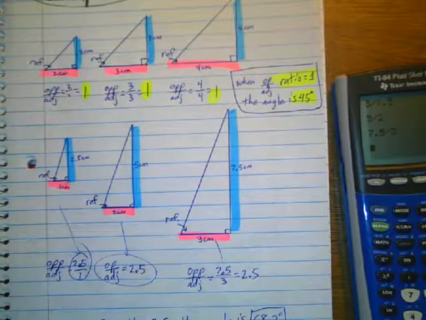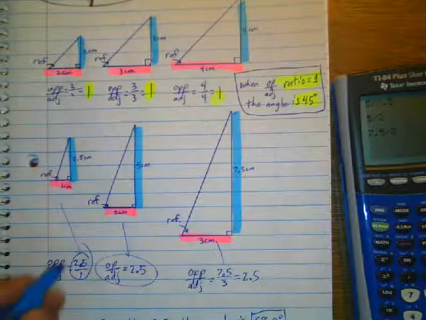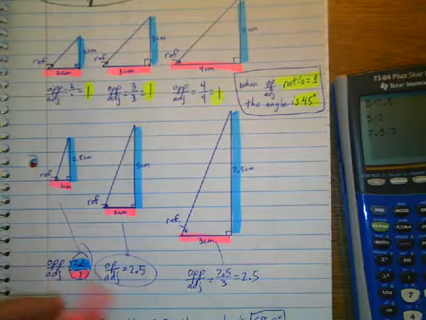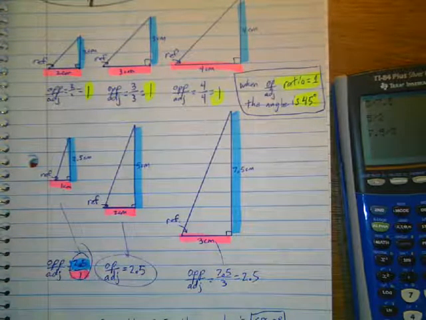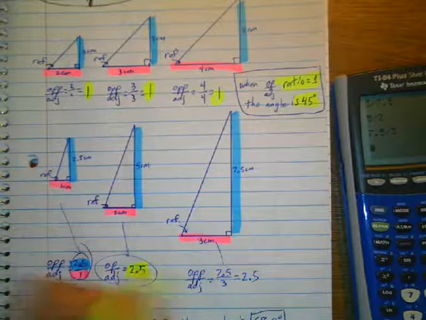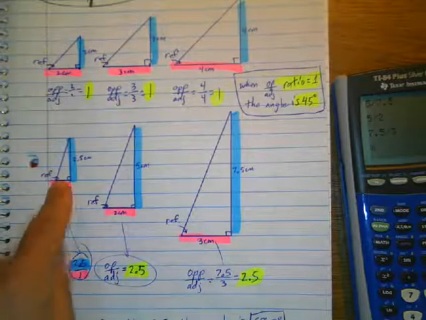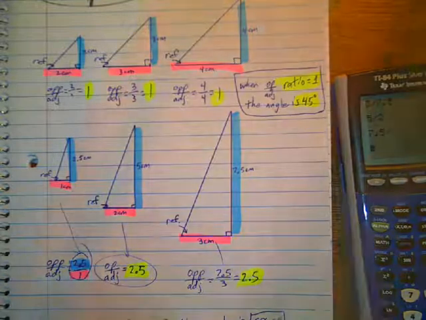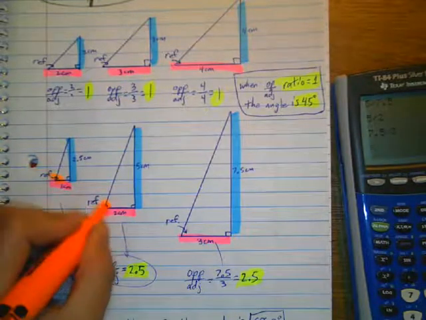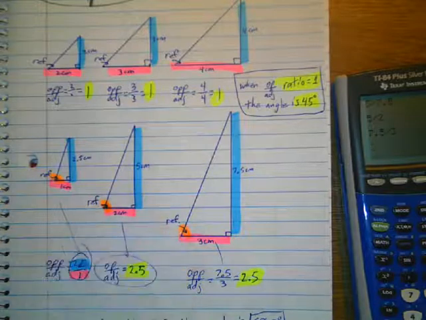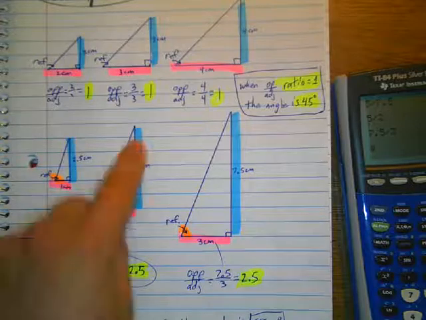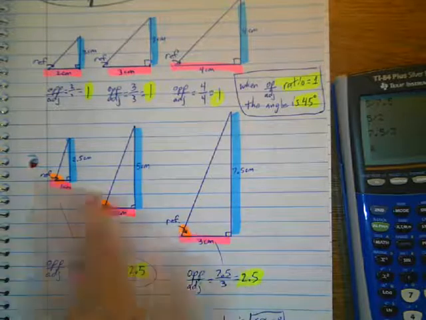So whenever my opposite side divided by the adjacent side is equal to 2.5, then these triangles will be similar. So that said, don't these triangles even look the same? I very carefully measured these so that they would have these lengths, and you can tell that these triangles all look similar.